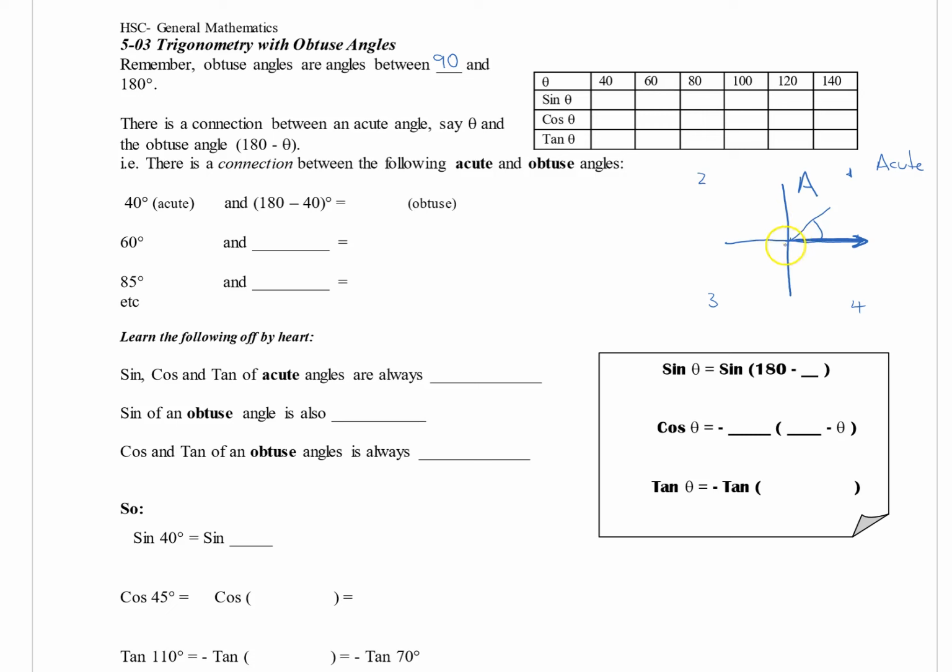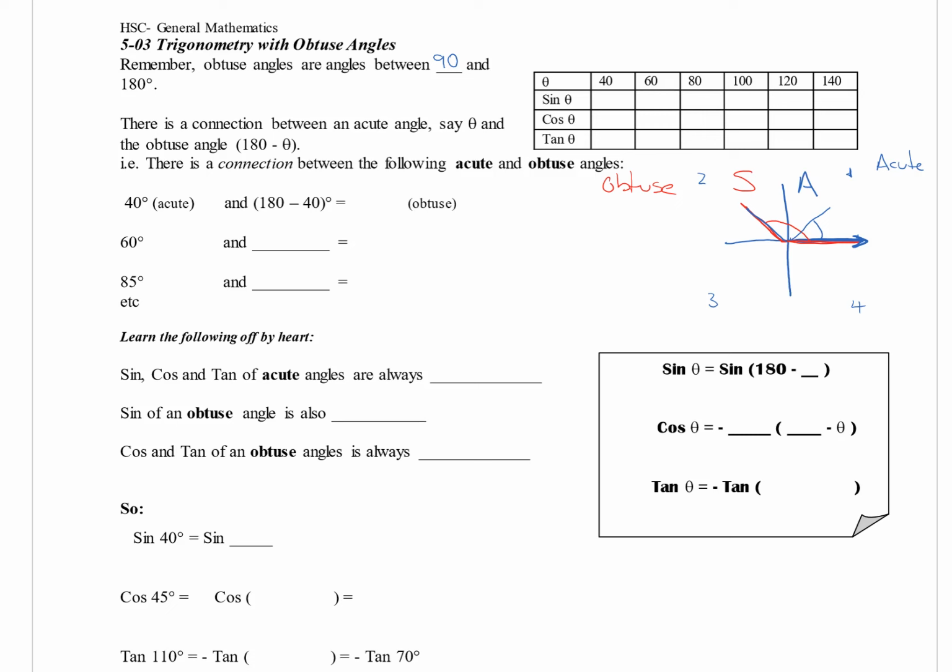Over here in the second quadrant, our angles now become this size, which we label as obtuse, and only some of them, which is the sine, is positive there.